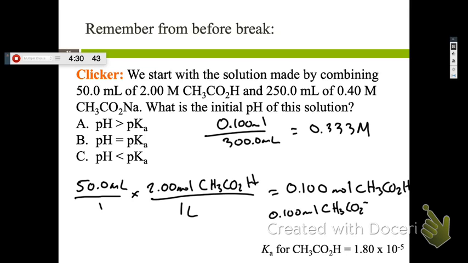So, what is the pH? Why did I put these three different options for your pH here? Why did I not put greater than 7, less than 7, equal to 7? Lindsay? Any idea why I didn't put pH equals 7, greater than 7, less than 7 like we do a lot of times?